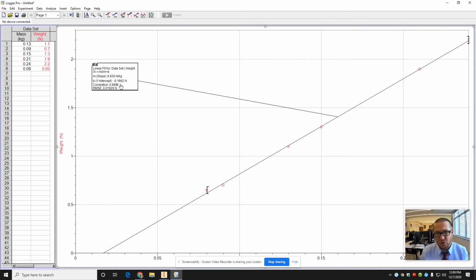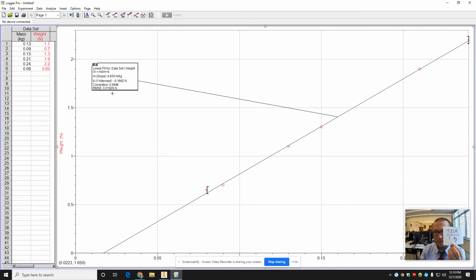Now, what is the slope of the line telling us? We talked about this in class today. The slope of the line is telling us the amount of weight per kilogram of mass. Whenever you see per kilogram, you can think of it as being 9.8 newtons. Let me write this on a piece of paper as well. I should have a little whiteboard here to hold up for you. You can think about that as being 9.83 newtons per 1 kilogram.